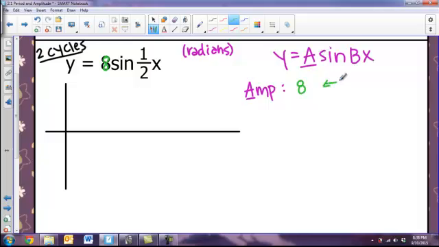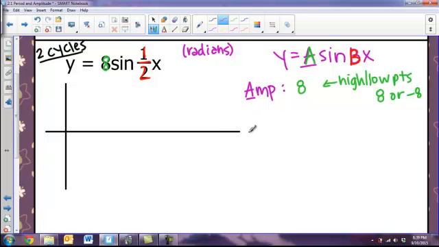Okay, so that's going to tell me that all of my high-low points are going to be 8 or negative 8. So that's my A value. I found my amplitude. So then my B is 1/2.